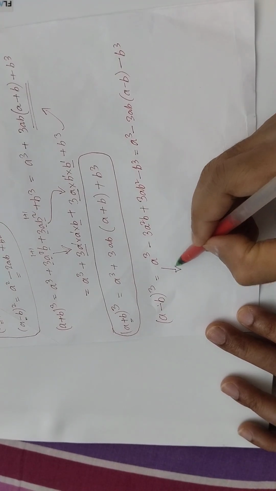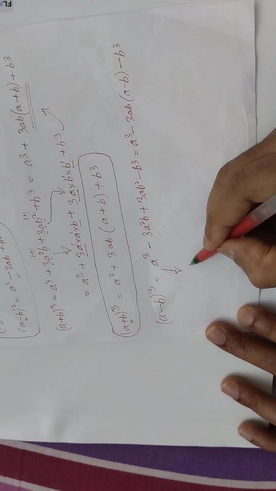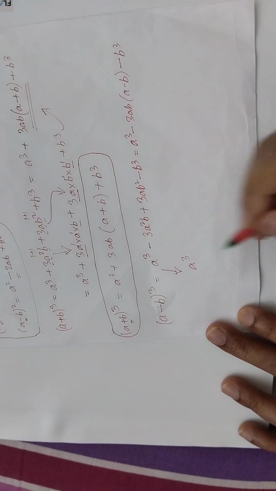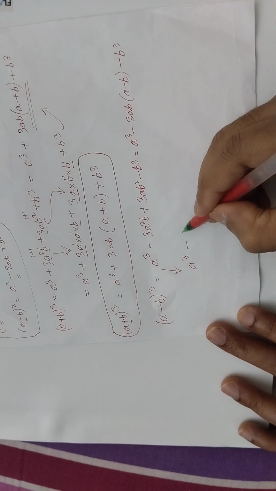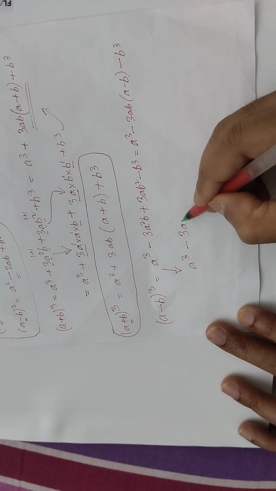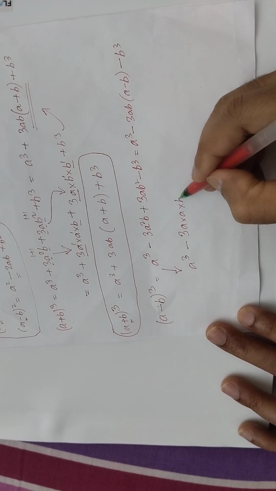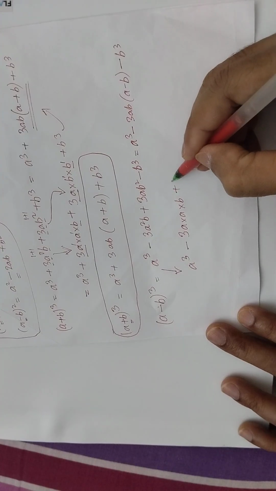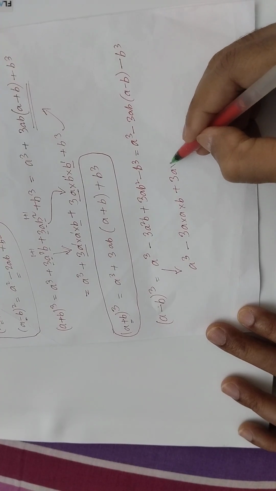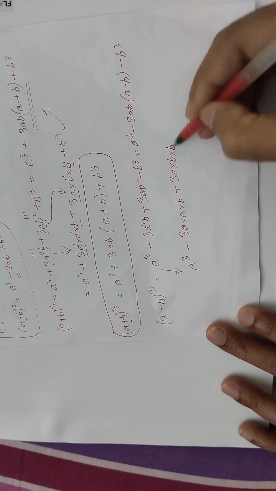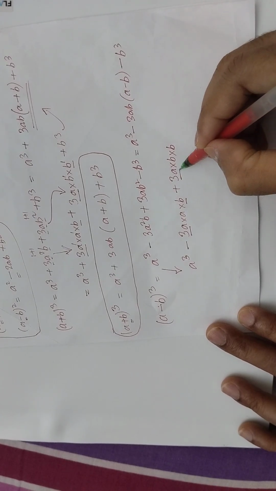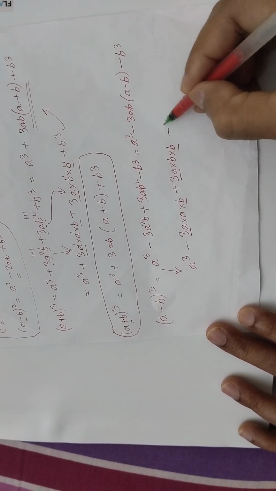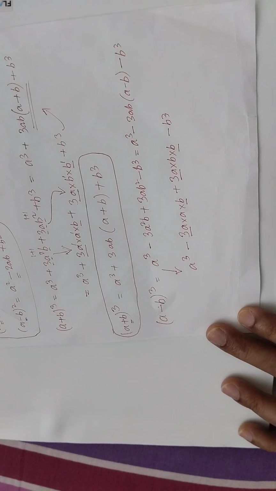I would write the above terms in a similar fashion to explain it even better. a^3 is a^3, then 3a into b plus 3a into b into b. Now we see 3a and b is common here, 3a and b is common here, minus b cube.